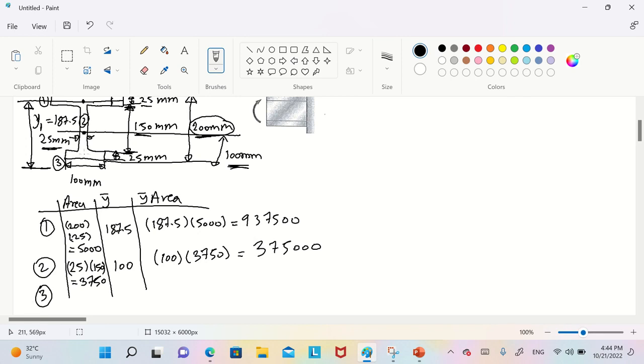The same as the third one. The center of the third one to the ground. Now the height of the third one is 25. And the center is the same as the first one, 12.5. But I cannot say 200 minus 12.5 because the center is near the ground, so it is only 12.5.